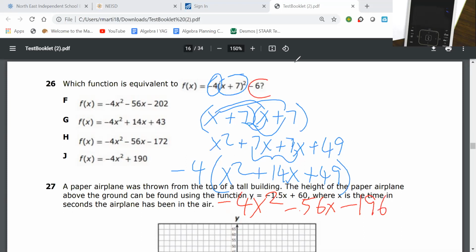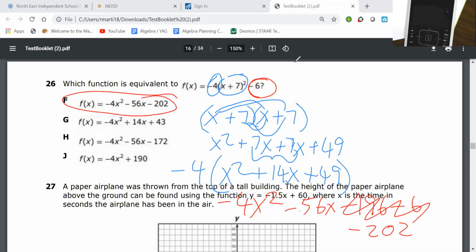Then over here at the very end, you got -6 more. So you end up with -202. So -4x squared minus 56x minus 202. That would be answer F. That's the way they want you to do the problem.